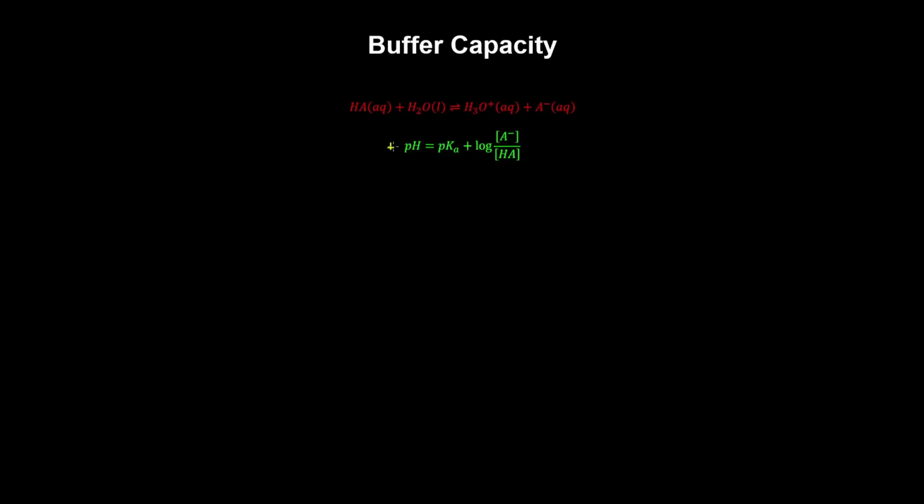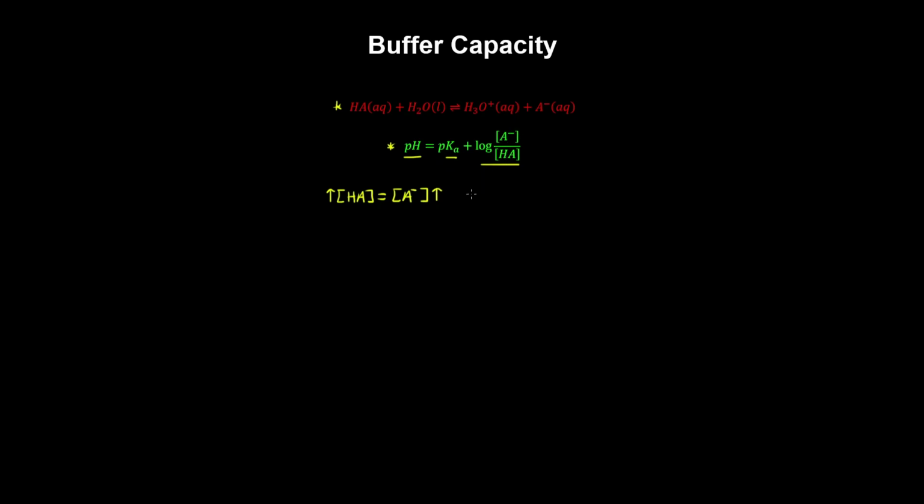We have the Henderson-Hasselbalch equation relating the pH of this buffer to the acid dissociation constant. And for the case where the concentration of the acid is equal to the concentration of the conjugate base, increasing these at the same time would not affect this expression, because log 1 is always 0.